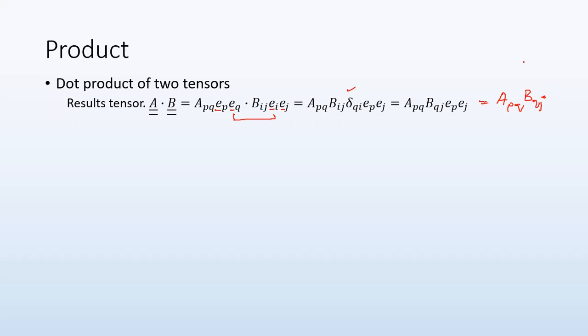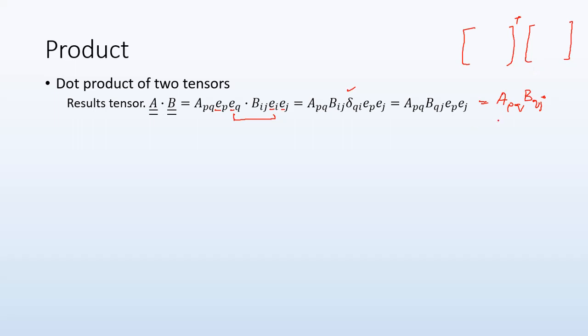This will result in another tensor, but you can see that A_PQ is multiplied with B_QJ. Therefore, the transpose of A is multiplied here with B. Not A directly multiplied with B. The transpose of A is multiplied here with B.